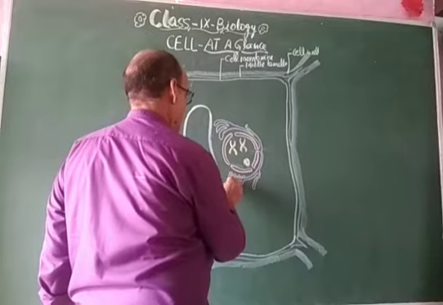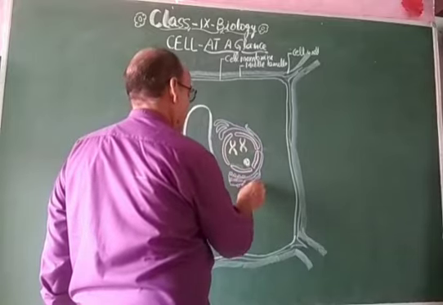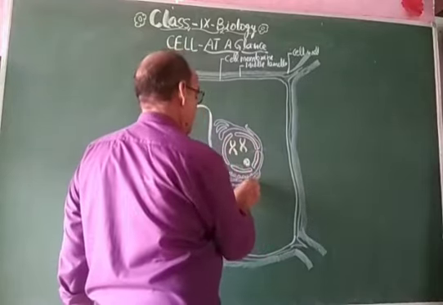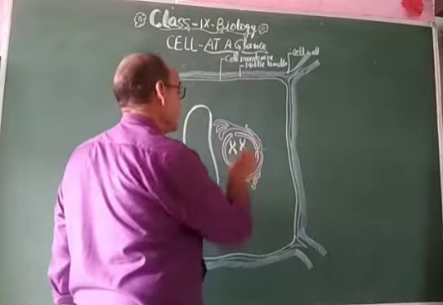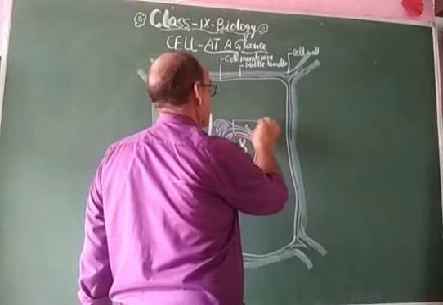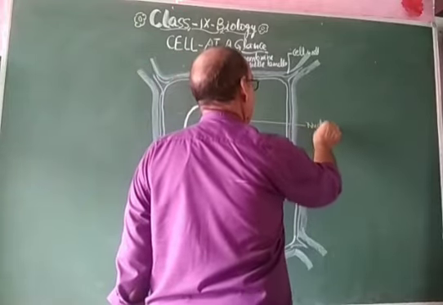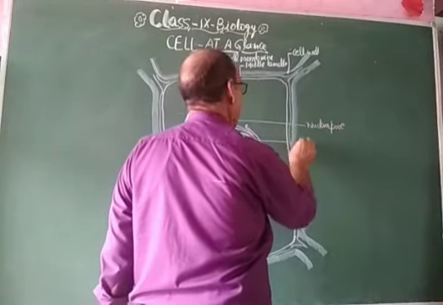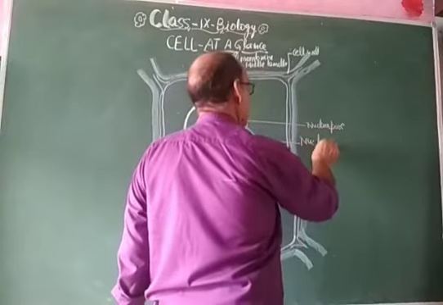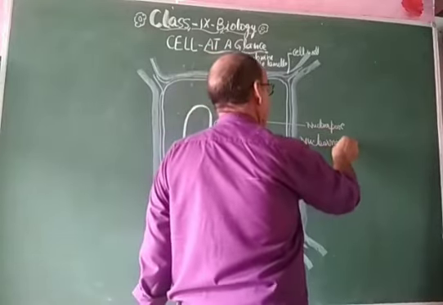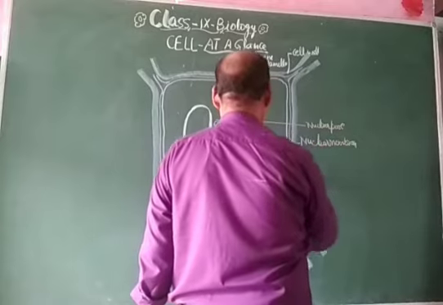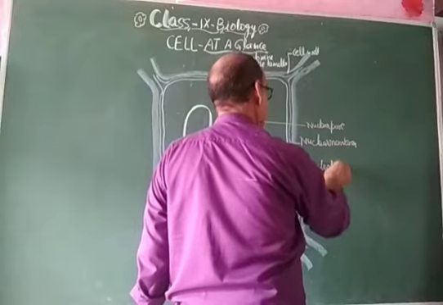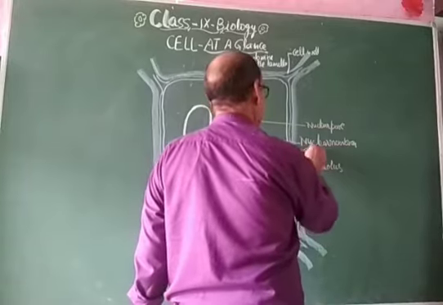Therefore, this is called rough endoplasmic reticulum, and the other is smooth endoplasmic reticulum. So let us label it. This is the nuclear pore, nuclear membrane, nucleolus, chromosome.